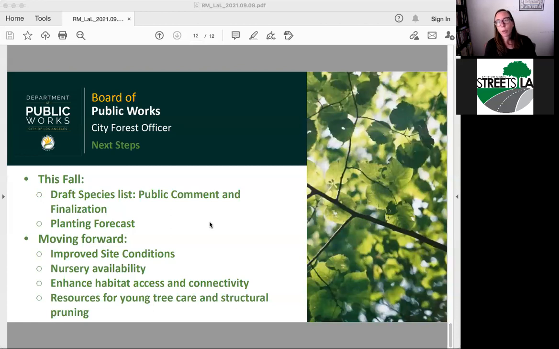And back to the nursery question, this is really interesting. When I was working for one of the nonprofits, I essentially asked the same question. I had the opportunity to talk with one of the major nurseries in California, someone fairly high up in the organization. And I said, we're here in LA, we've got the DWP Energy Efficiency Trees program. Why aren't these projects more of a driving factor of what you're growing?